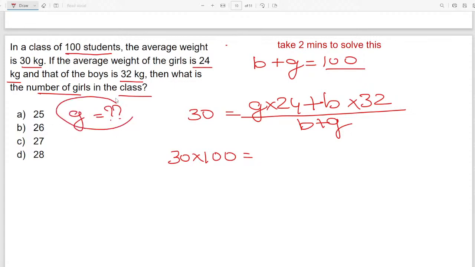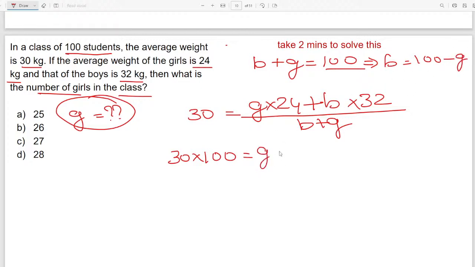Since we need the number of girls, I'll take B is equal to 100 minus G, and substitute the value of B in this.